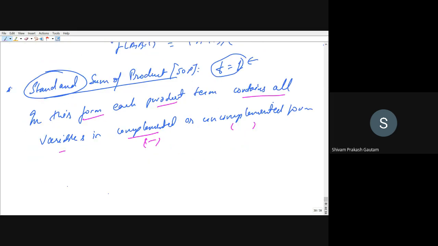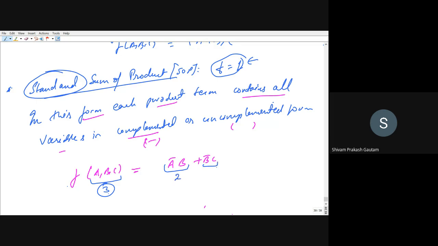So for example, how can we write standard sum of product? Let us take an example. f of ABC is equal to A bar B plus B bar C. Just see how many variables there are in the function. In total there are 3 variables, right? But if you see the product terms, each has only 2 variables.